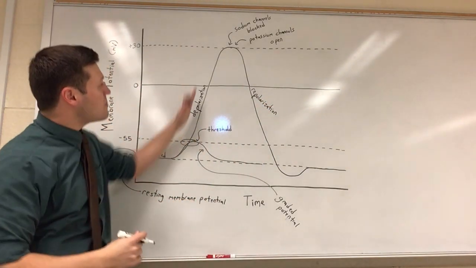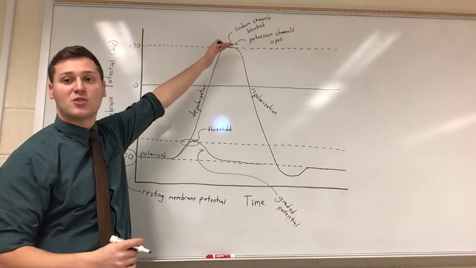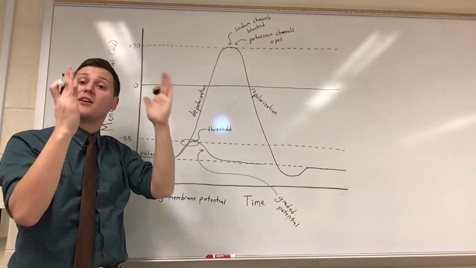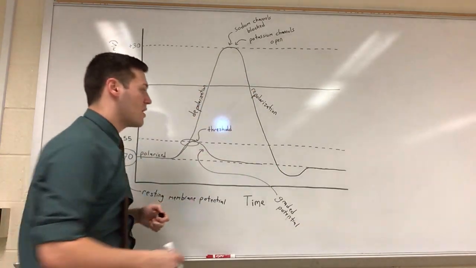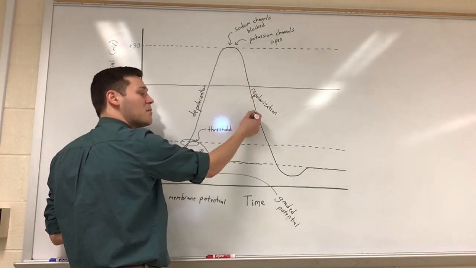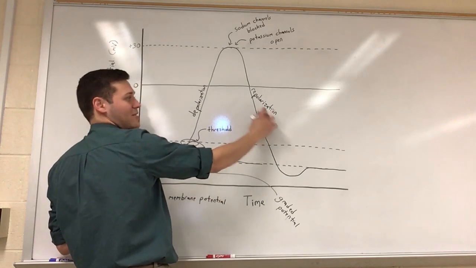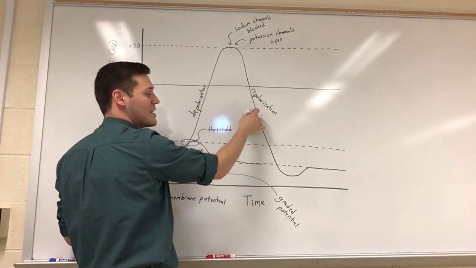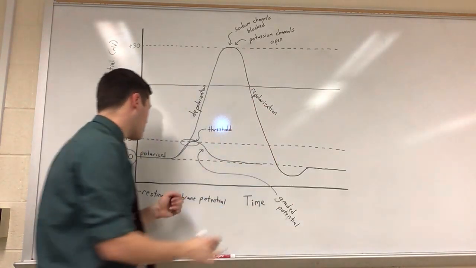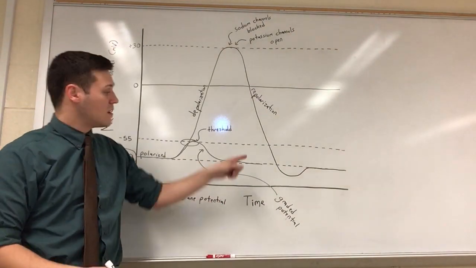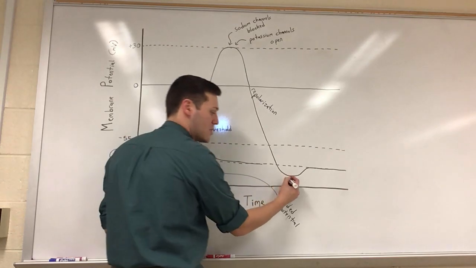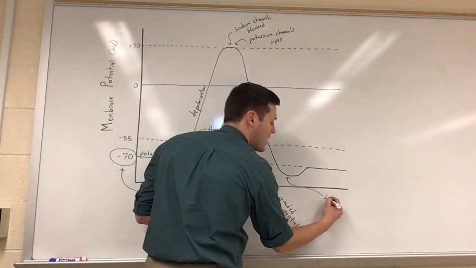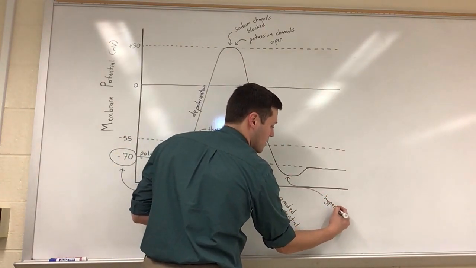So we were becoming depolarized until the sodium channel gets blocked and the potassium channel opens, and then we enter repolarization. Now we're going to continue letting potassium out until we reach that negative 70 voltage, and we will go a little bit further. So this is what we call hyperpolarization.